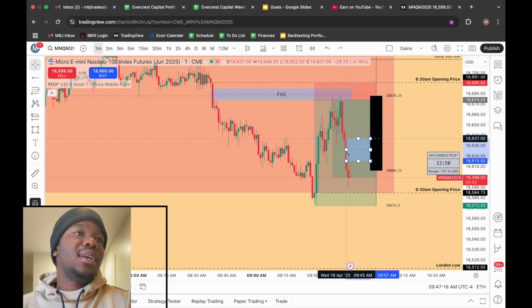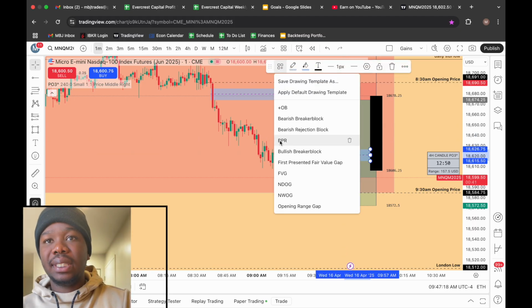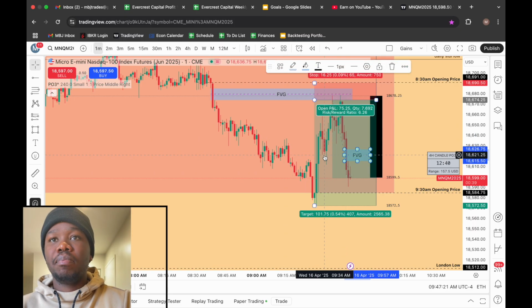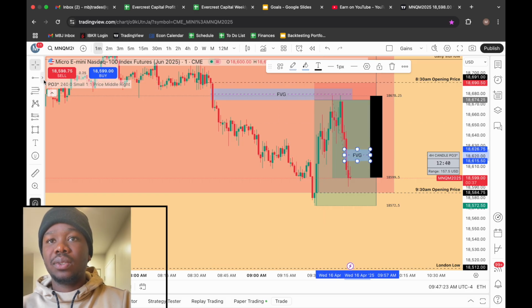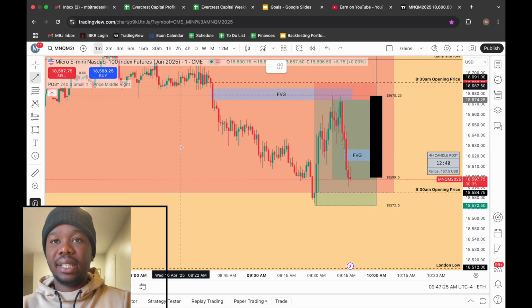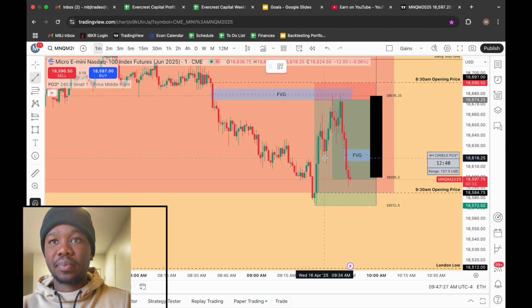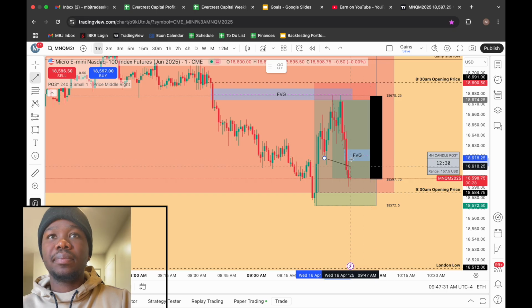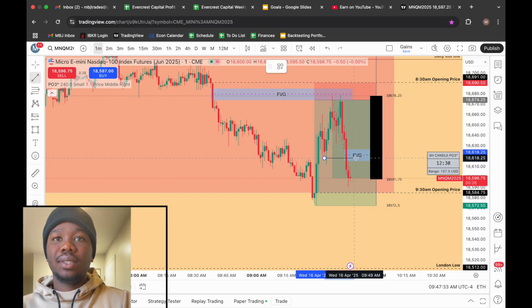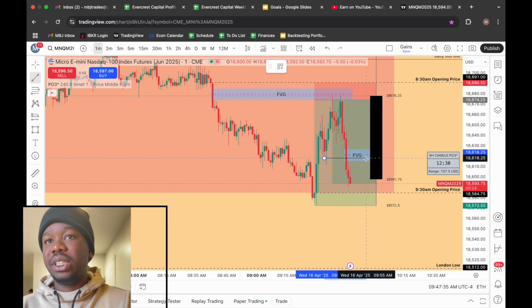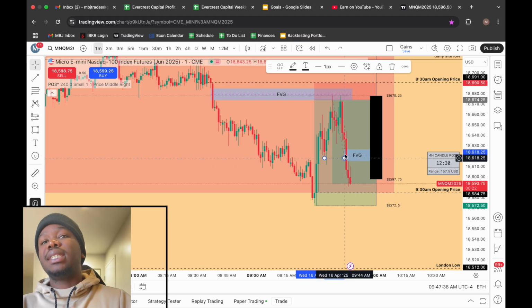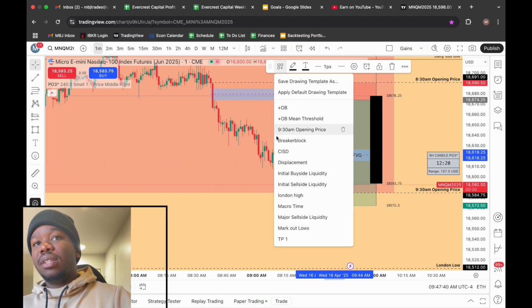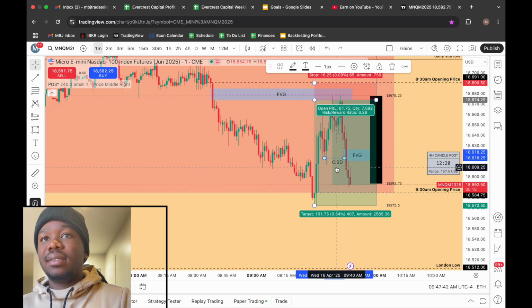A change in state of delivery just means that we were going up, but we took out the lows, which means we would be going down at this point. So basically, okay, we're changing direction, change in the state of delivery. We were delivering buy side, but now we're delivering sell side.